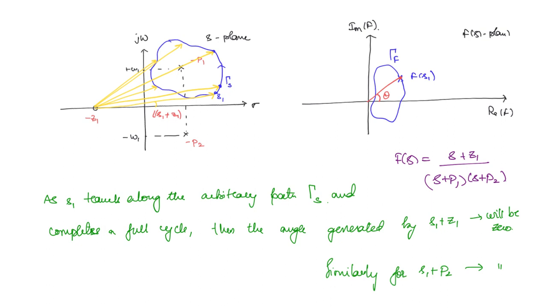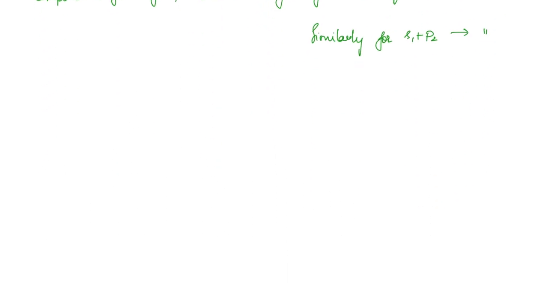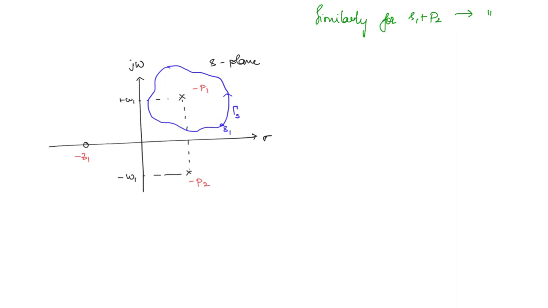But this p1 point, this pole, is going to be different. Why is that? In order to understand that, we will draw it once again. First, we will consider this point, that s1 is initially at this point. Then what will be the vector here? This will be the vector. Now let us say it has moved to a new point. So this will be the new point, and this will be the vector. In that manner, you can keep drawing all of the vectors till it comes back to the same position.